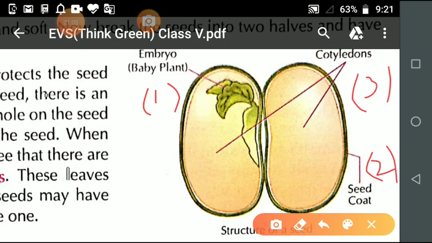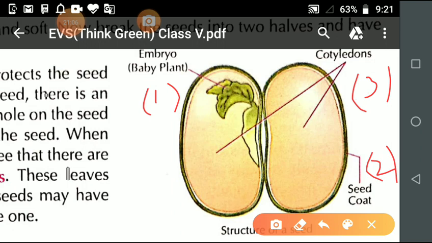Okay, now please student, observe the structure of a seed. Is it clear? Seed has three parts: embryo, cotyledons, and seed coat.